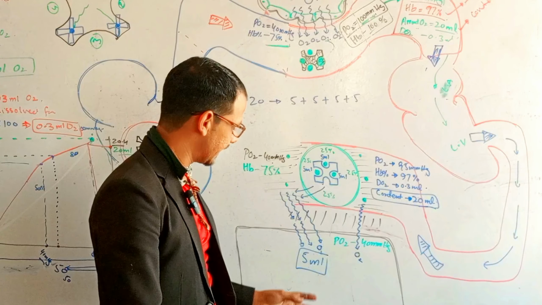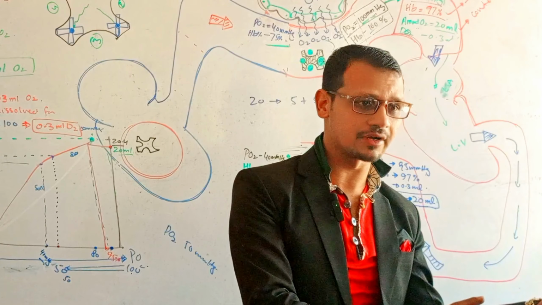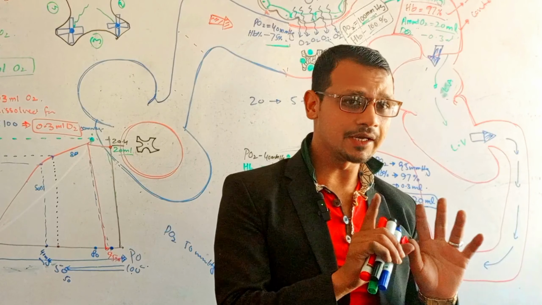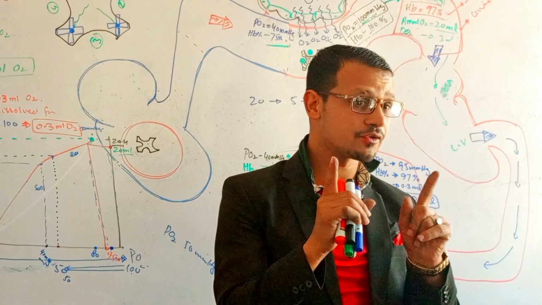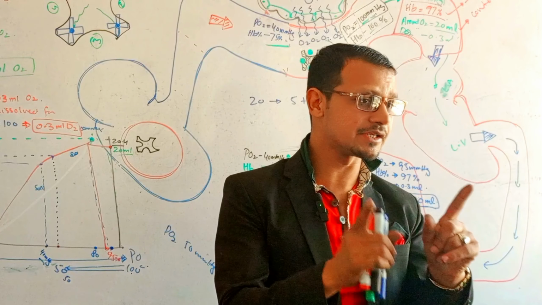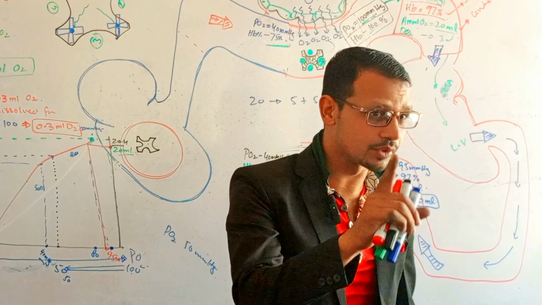Right, now if we calculate this 5 ml, this is for 100 ml of blood. Remember, this is for 100 ml of blood, and in one cardiac output, 5000 ml of blood is ejected from the left ventricle during 1 minute.